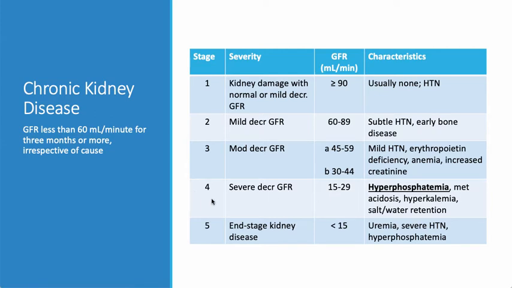Stage 4 is somebody who we're beginning to look at dialysis for, right? It's not anytime soon, but we're starting to have that discussion with patients and thinking about how we can proceed.